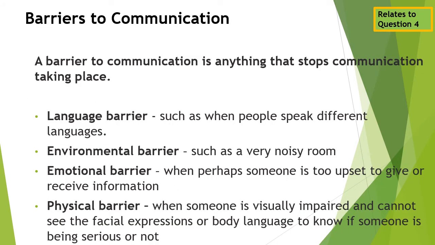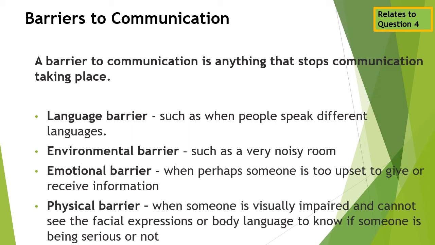So we're now going to look at slides relating to question number 4, and we're going to look at barriers to communication. A barrier to communication is anything that stops communication taking place. Over the next couple of slides, we're going to talk about some of the barriers. A language barrier can be when, for example, people speak different languages.